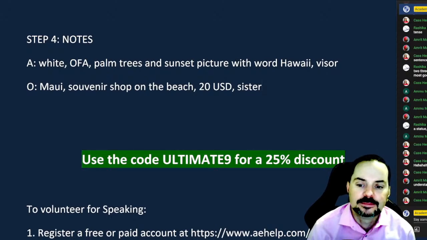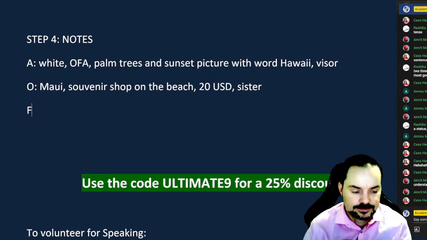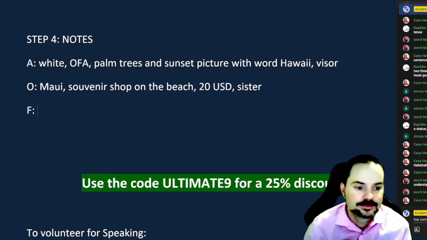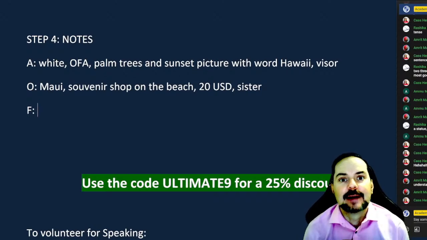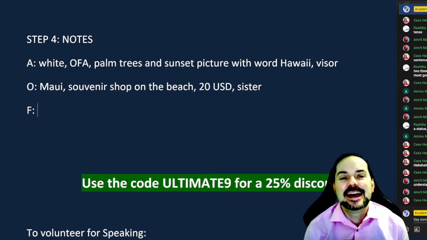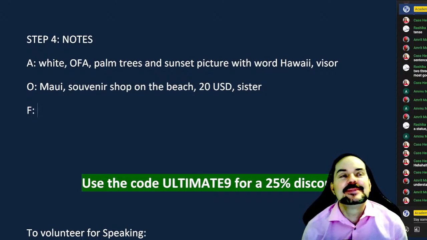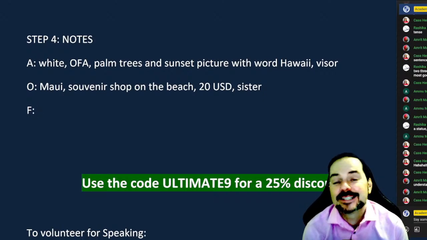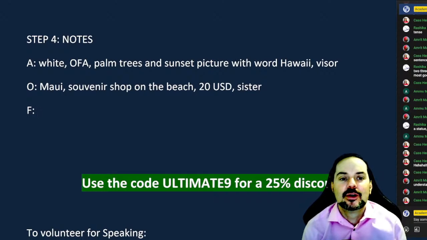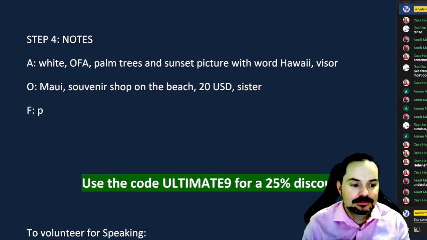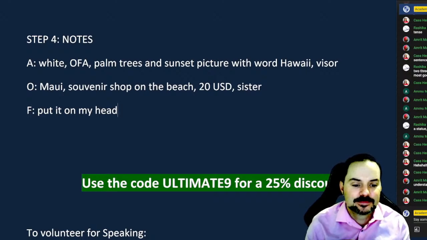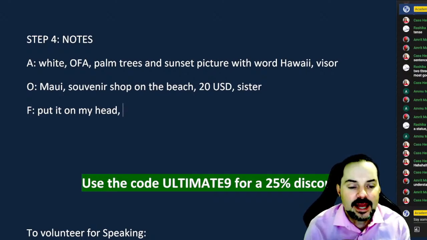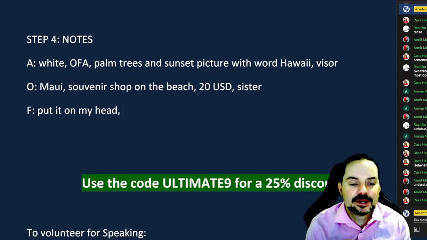All right. Function. How do you use it? So how do you use a baseball cap, right? And again, that might seem pointless, but it isn't. So put it on my head. And maybe sometimes you wear it backwards.